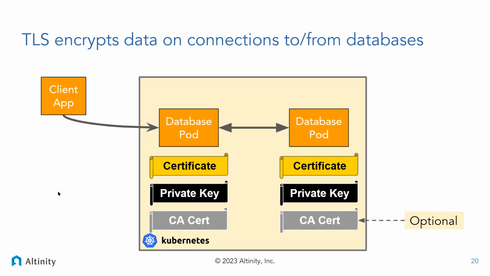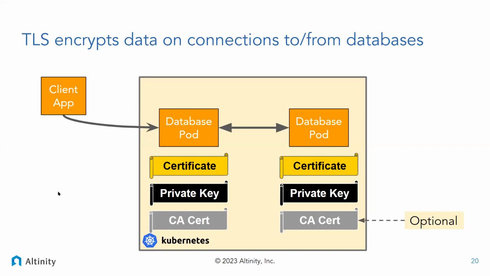There's also another document that you may need to pass in, and in the examples I'm giving, I will be doing this, and that's the certificate authority certificate. You can of course use a public certificate authority for your certificates, but a lot of times in enterprise environments, it's a lot simpler to create your own certificate authority and then use that to sign your server certificates and pass them into the servers.